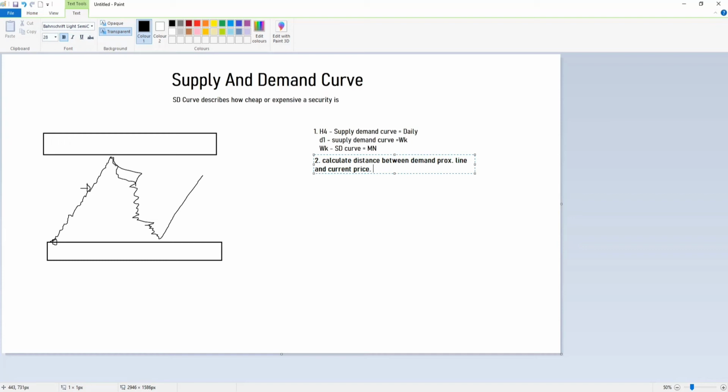The second number that you need to note is the distance between these two opposing levels. So the second thing that you need to do is work out the distance between two opposing areas. Remember, these need to be a time frame higher, right?